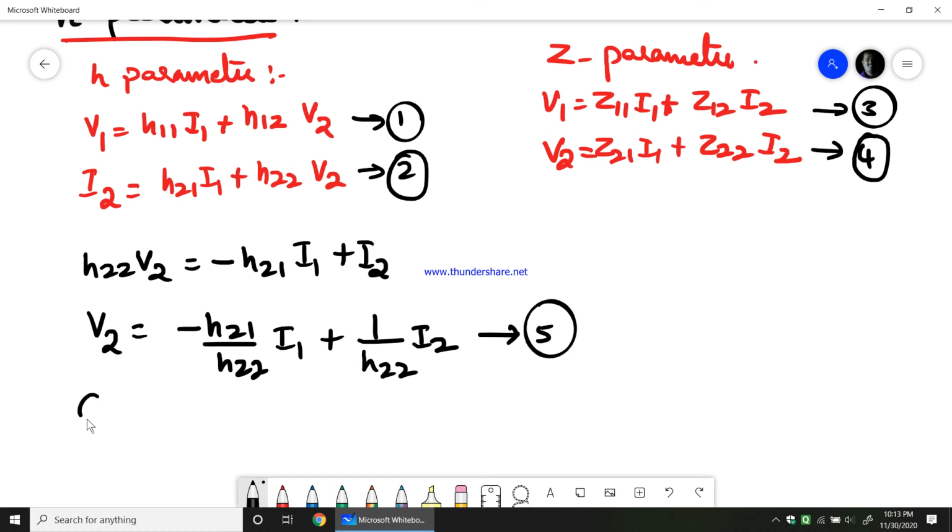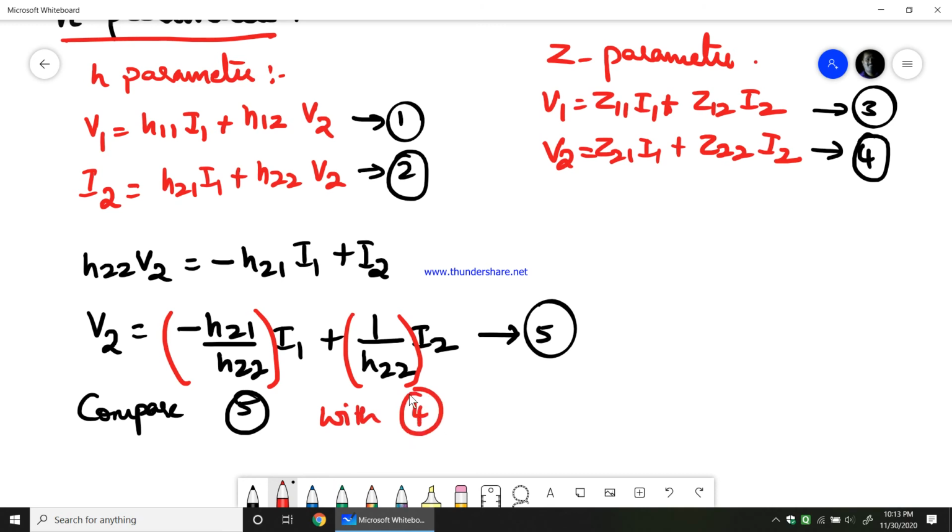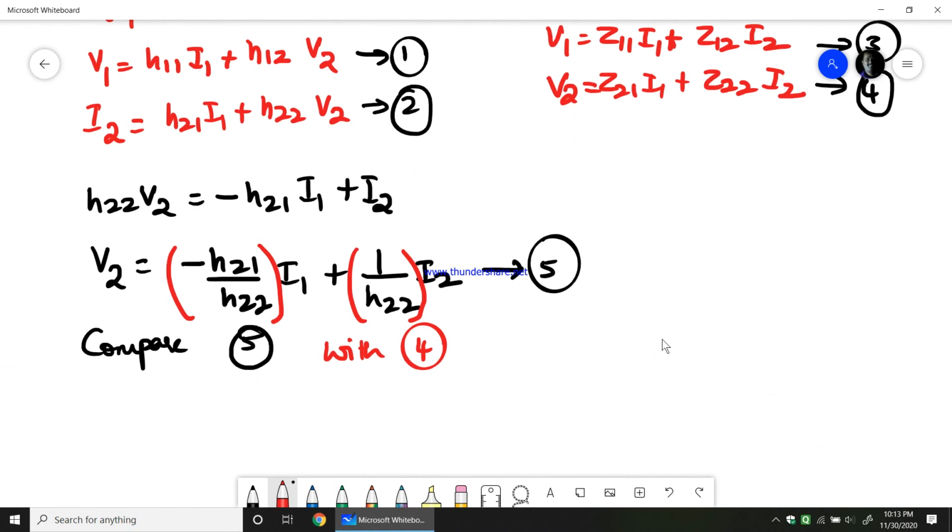Now compare the fifth equation with the fourth equation. Compare 5 with 4 and you can easily say that Z21 equals minus H21 by H22.